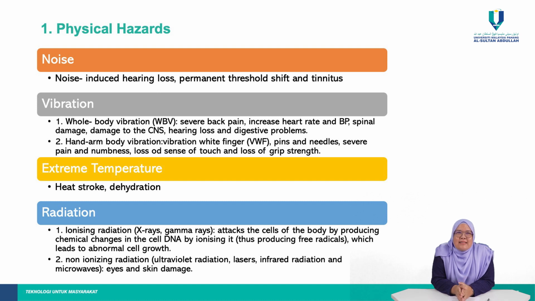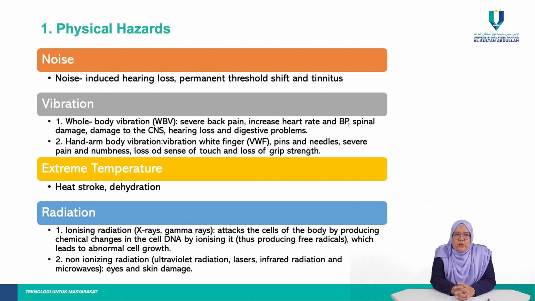The third physical hazard that we are going to discuss is extreme temperature. Extreme temperatures are physical hazards that can give significant effects on individuals' health and well-being, both in indoor and outdoor environments. Exposure to excessively high or low temperatures can lead to various health issues, ranging from heat-related illnesses to cold-related injuries.